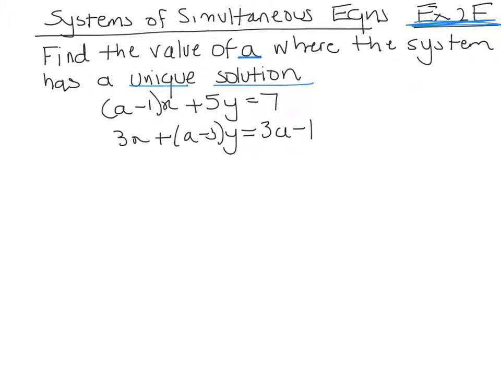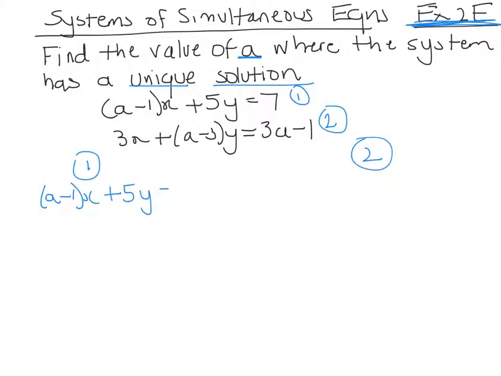What we'll do is we'll take equation number 1 and equation number 2, and for each of them figure out the gradient. So if I take number 1 over here, (a minus 1)x plus 5y is equal to 7, I'll take the x term and put it over to the other side. I'll end up with 5y is equal to minus (a minus 1)x plus 7.